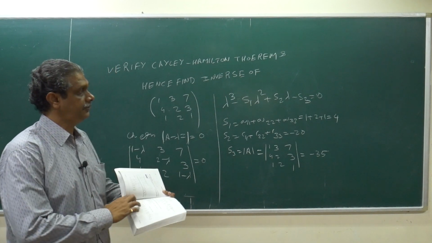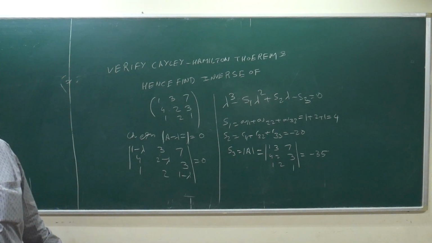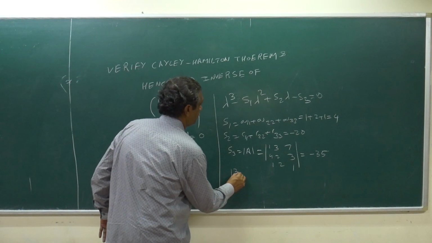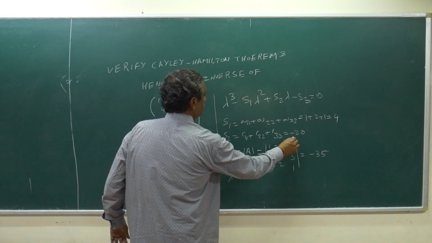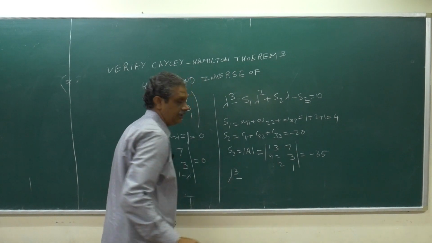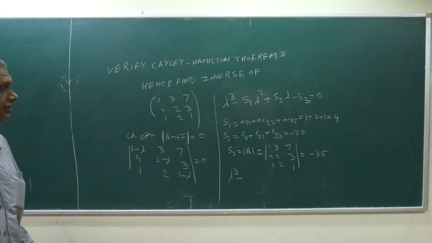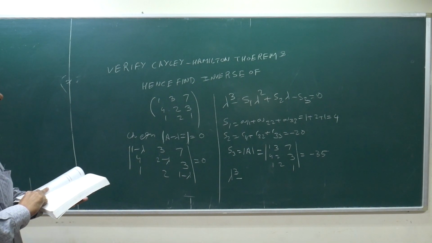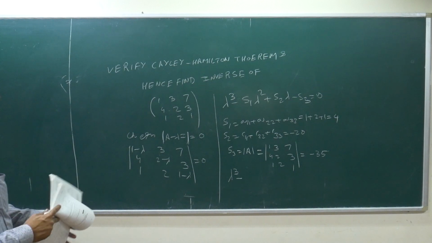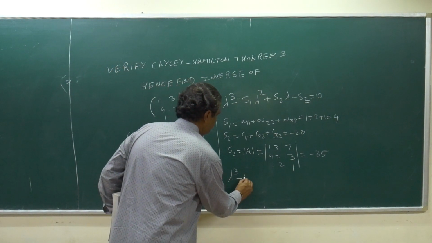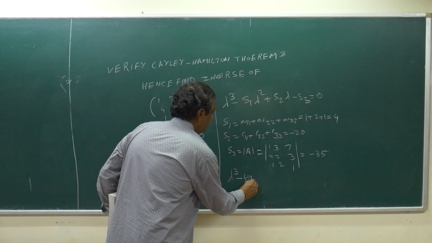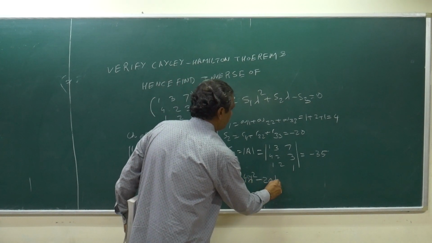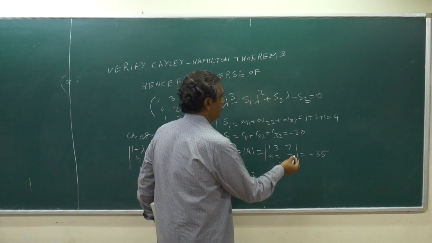Reaching that, if I go back and substitute, what is my characteristic equation? Lambda cube, who is my s1? S1 is 4, so lambda square, then s2 is minus 20 lambda, then s3 is minus 35. Check the signs yourself: it becomes lambda cube minus 4 lambda square minus 20 lambda minus 35.